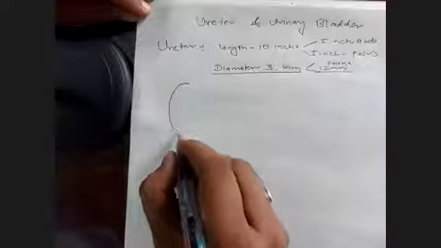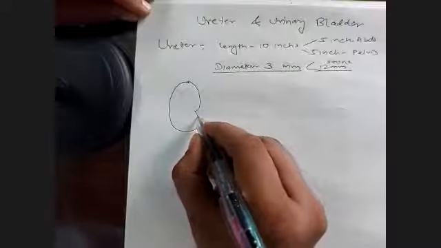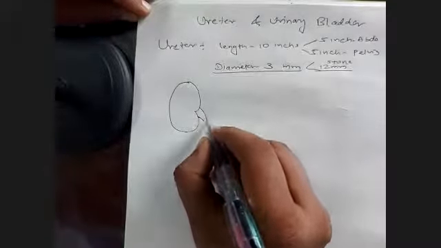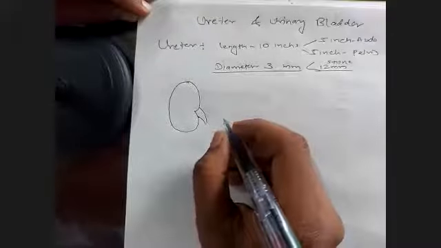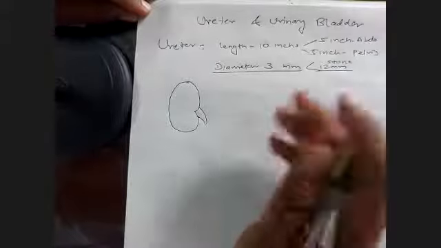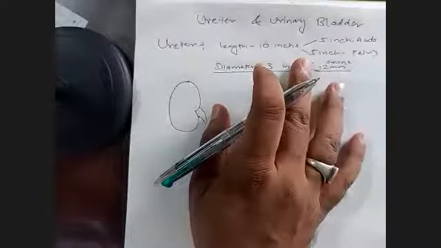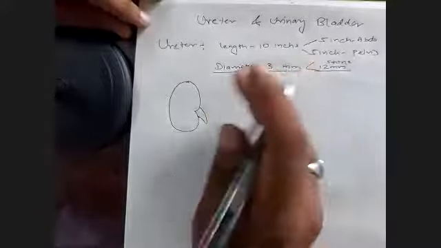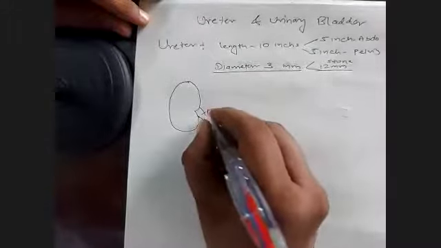We know that the ureter starts, of course, there is the pelvis of the ureter, which is a dilatation. Sometimes they say the ureter starts from here, but this is called the pelvis of the ureter.